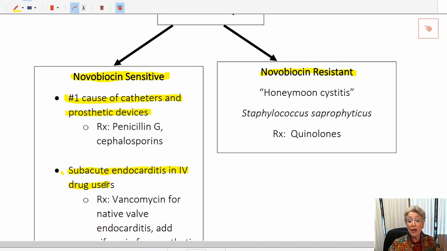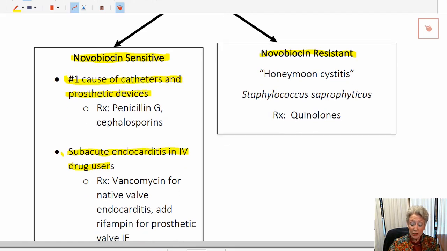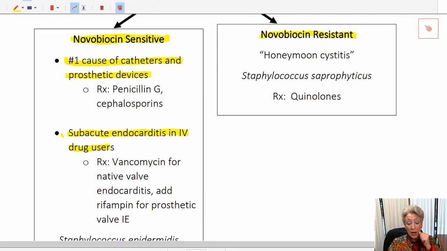Subacute endocarditis would have a slower onset. The patient would notice fatigue and anorexia and low-grade fever. And in this case, a murmur and splinter hemorrhages would be seen, okay?